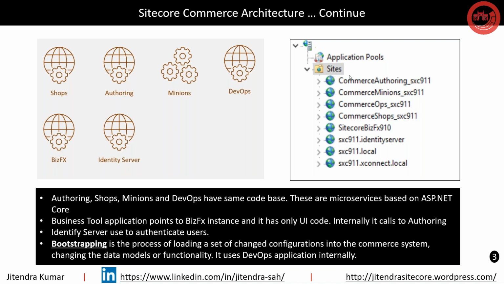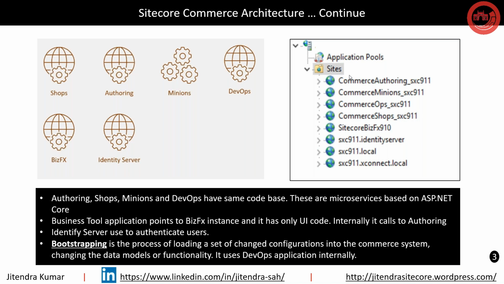So what will you do in Sitecore Commerce? Sitecore Commerce gives you the facility to sell your products over websites using the storefront websites. On a storefront website, you require a catalog, then categories and products. Then you need to maintain your customers, your orders, promotions, pricing, and inventory.